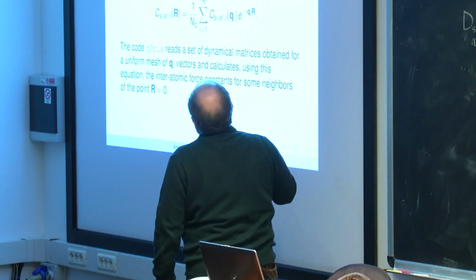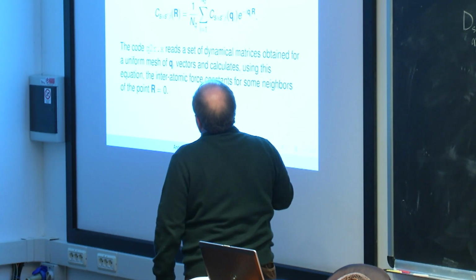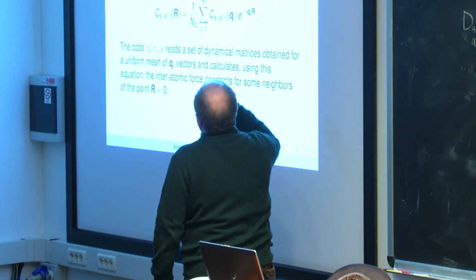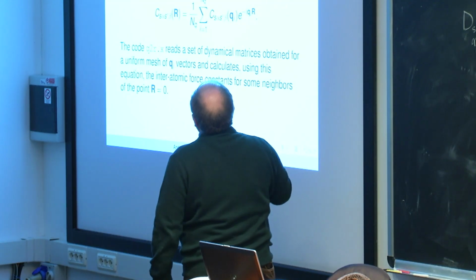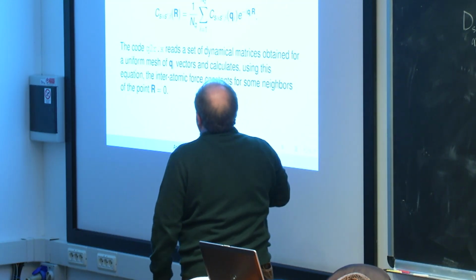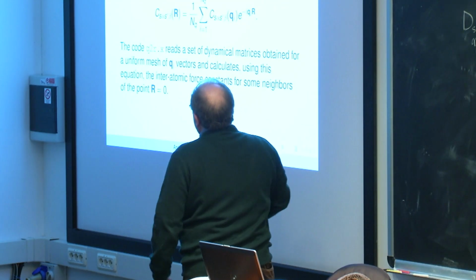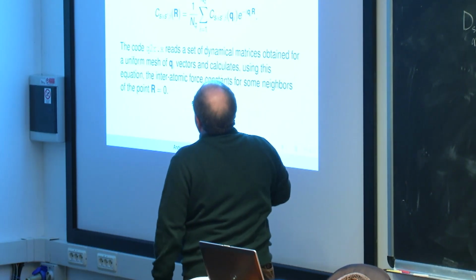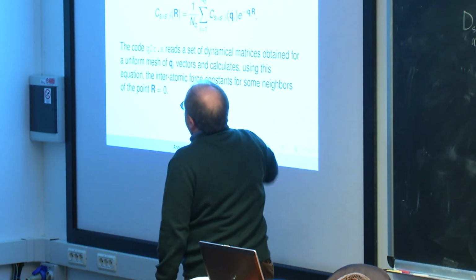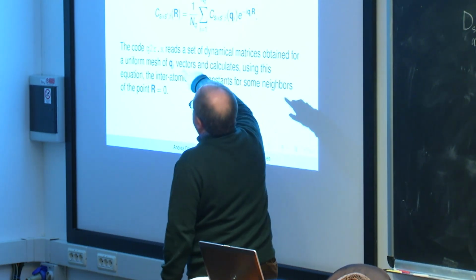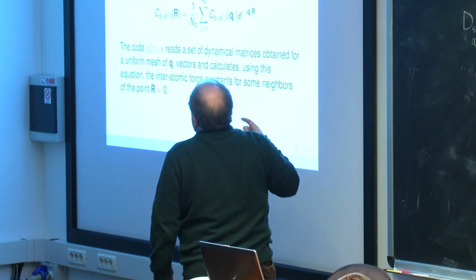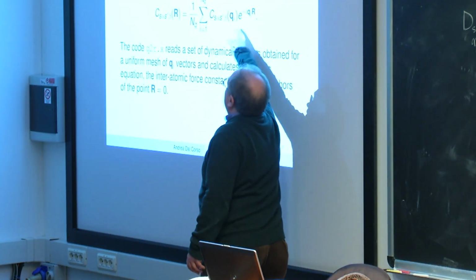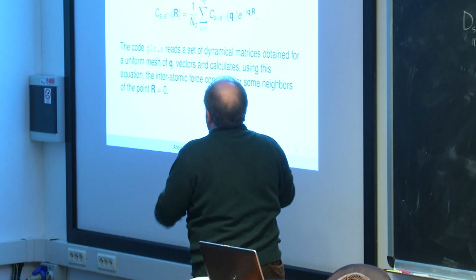And this is information that we have to give as an input of the Phonon code, what is the size of this grid of Q points on which we calculate the dynamical matrix. Then Q2R reads this size, reads all the dynamical matrices computed by the Phonon code, and gives the interatomic force constant.